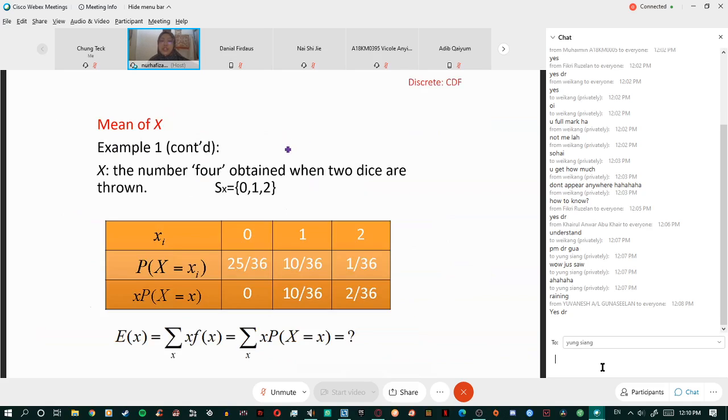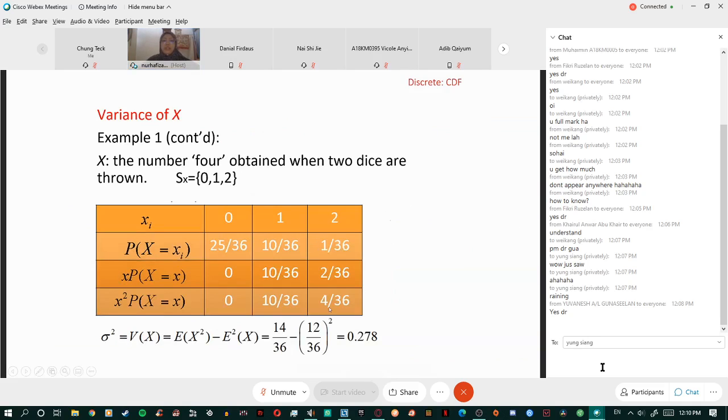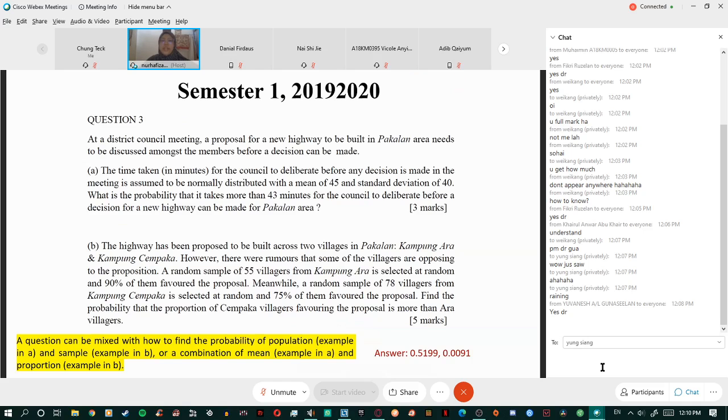I have already shown you the example in the slide. So you use this formula to find the mean and the variance. You can try this question later. I will give you the slide later.